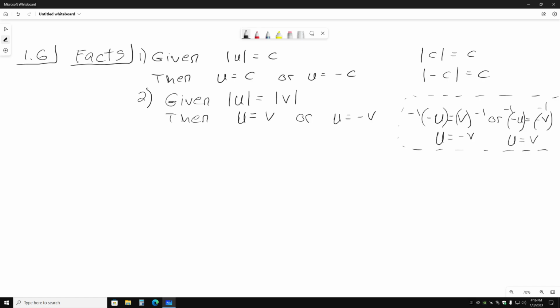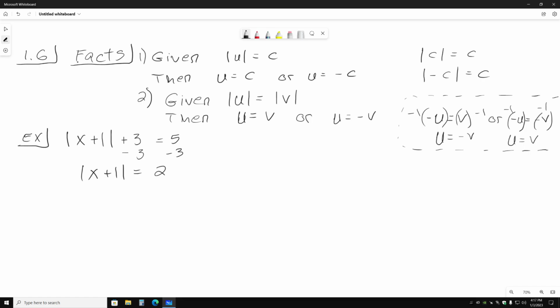So, let's consider some examples. We have the example of absolute value of x plus 1 plus 3 equals 5. So solving for x, we first need to get the absolute value expression isolated, so we will subtract 3 from each side to get absolute value of x plus 1 alone equal to 2.